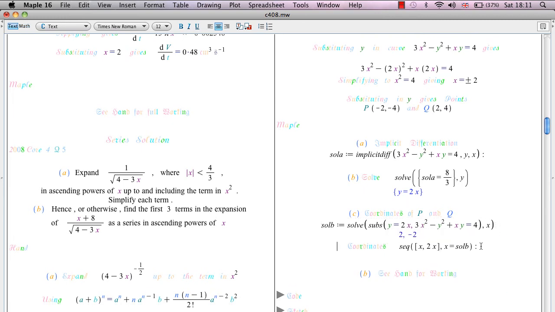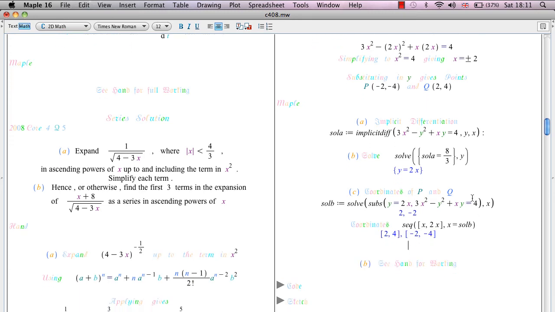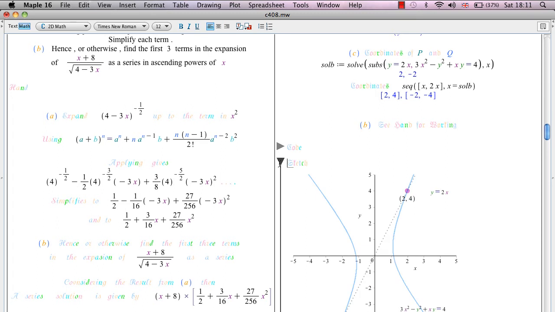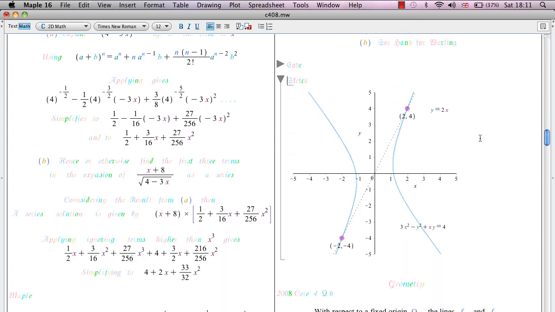And the 2 points P and Q. And the sketch here shows the curve and P and Q.